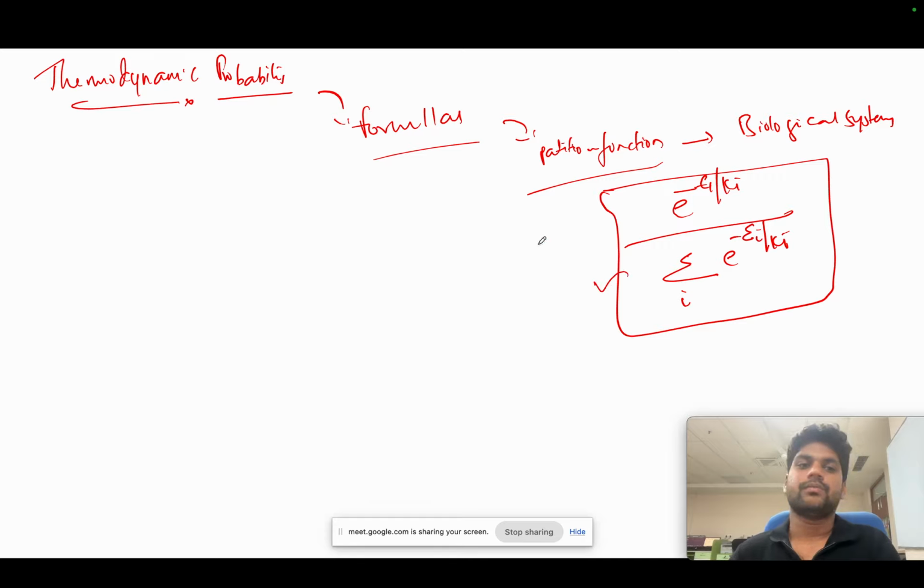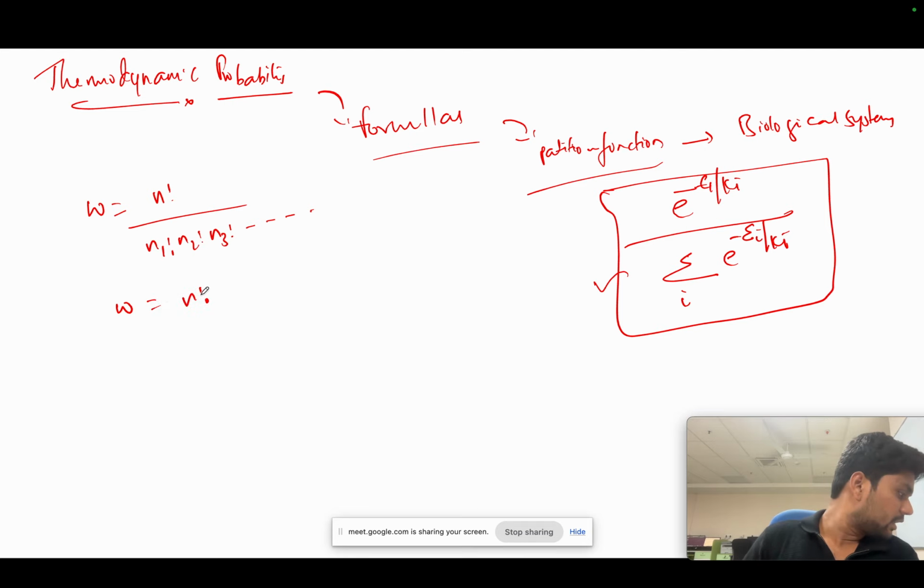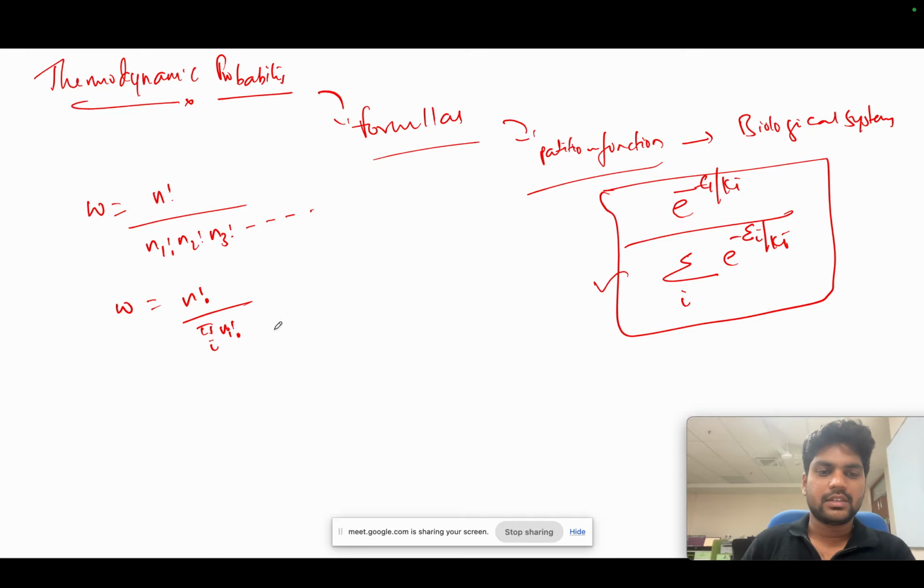So now we know that W equals n factorial by n1 factorial, n2 factorial, n3 factorial, and so on. Now I can write it as W equals n factorial divided by the product, where pi is nothing but the multiplier. Here if I apply ln, ln of W equals ln of n factorial minus ln of the product of ni factorial.